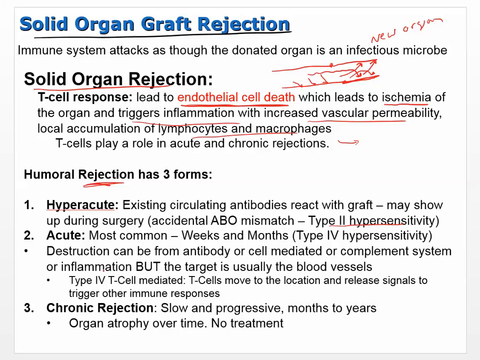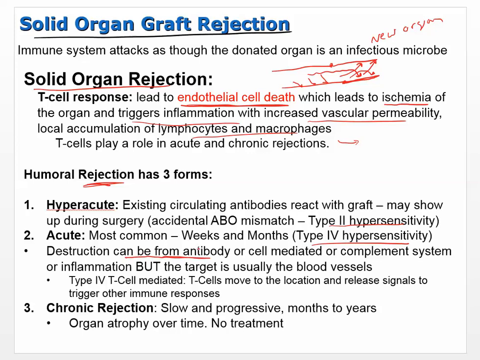So that's antibody mediated. Acute is the most common, and that tends to be where it starts to recognize the tissue. So with type 4 hypersensitivity, T cells start to recognize some kind of antigen on the cells that have been implanted. And the destruction can be from antibody, so that's another possibility.